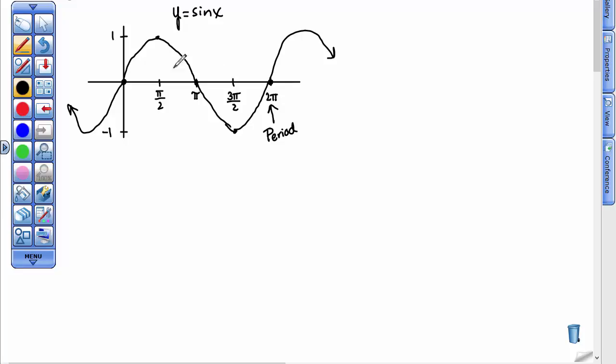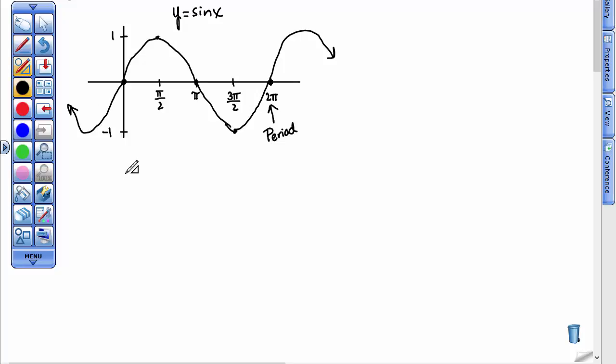The next thing I'd like you to notice is that a sine curve starts at 0 and it goes positive through the first quadrant, stays positive through the second quadrant, then it goes negative through the third and through the fourth, and then we're back to a coterminal angle. We're going back around the circle again from 0 to 90 degrees right here. So you need to memorize that the sine of an angle starts at 0, 0 and then repeats, in this case at 2 pi radians.